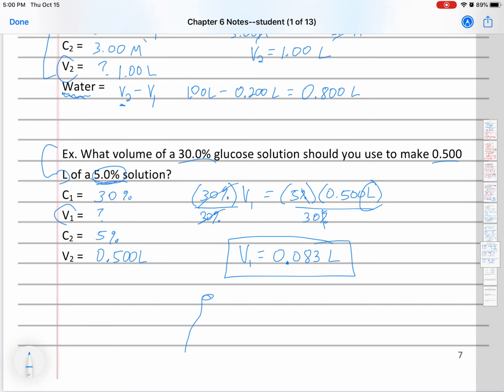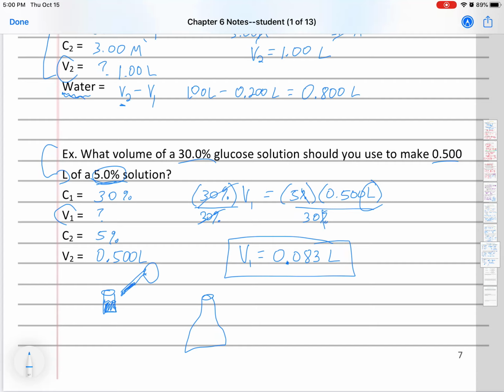All right, so if I was making this solution, here's my stock solution. I would need to measure out with a pipette. This is my pipette and my bowl. It's not very good.